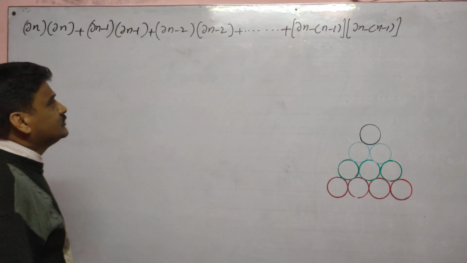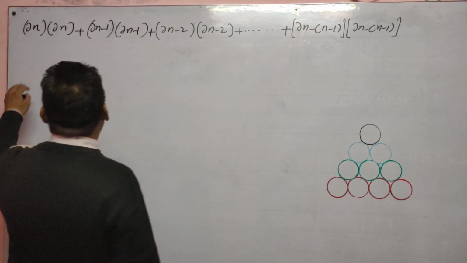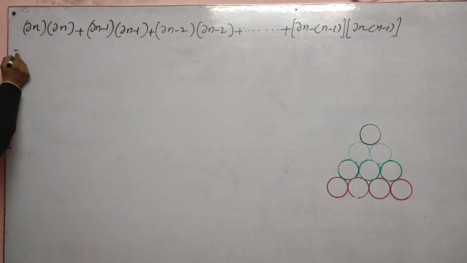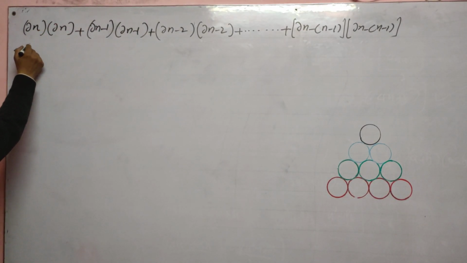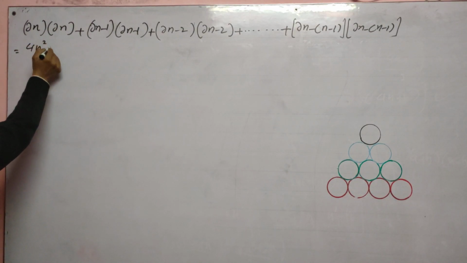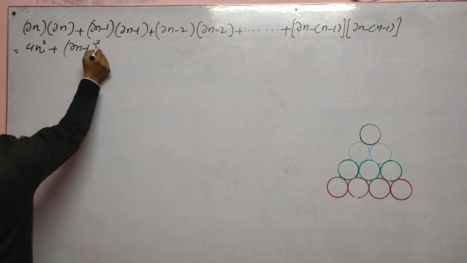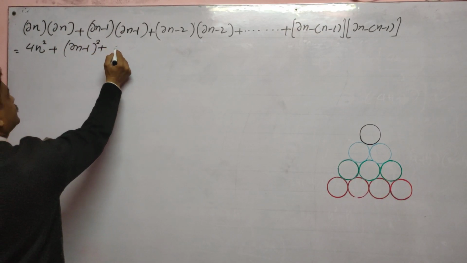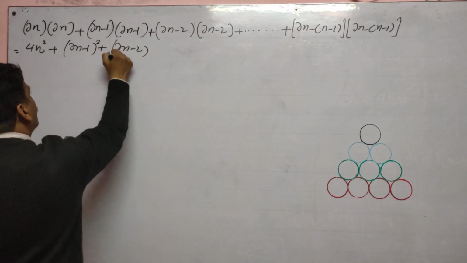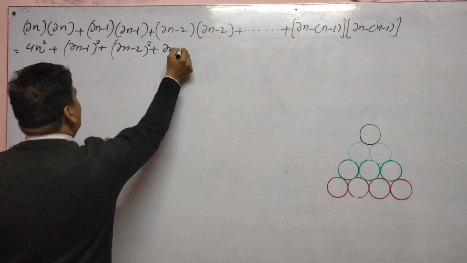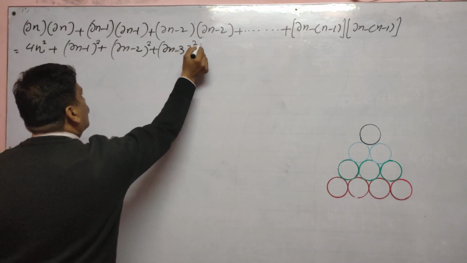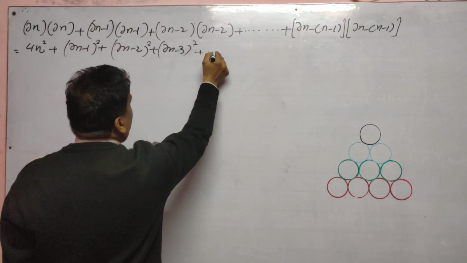We want to add these by splitting. We write (2n) square, which is 4n square, plus (2n minus 1) whole square, plus (2n minus 2) whole square, plus (2n minus 3) whole square, and so on.